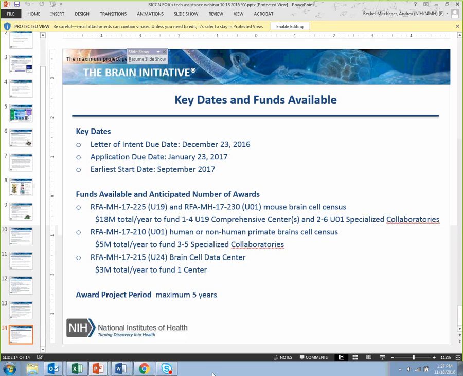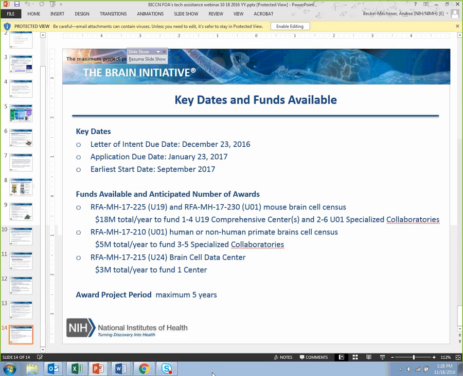Funds available and the anticipated number of awards. For U19 and U01 mouse brain cell census, $80 million in total per year is allocated to fund 1 to 4 U19 comprehensive centers and 2 to 6 U01 specialized laboratories.